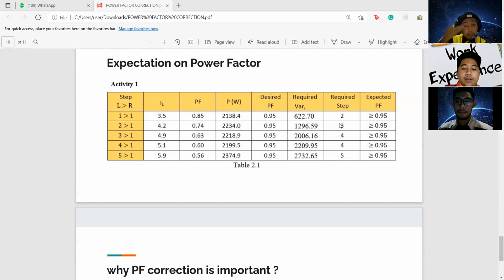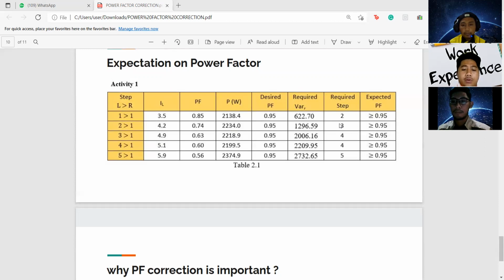Our initial power factor is 0.85, and our desired power factor is 0.95. So we improve from 0.85 to 0.95 by adding 622.4 watt.